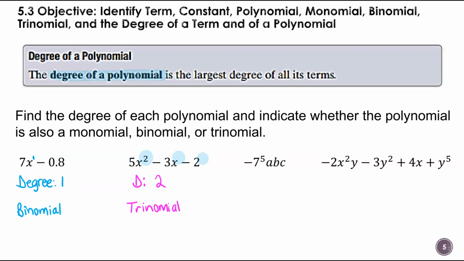Okay, next. So we have -7 to the 5th, so that exponent doesn't mean anything as far as degree goes. But the A, the B, and the C, right, degree 1, degree 1, degree 1, we're going to add those together. So this one has a degree of 3, and it is a monomial. Right, because there's just one term.